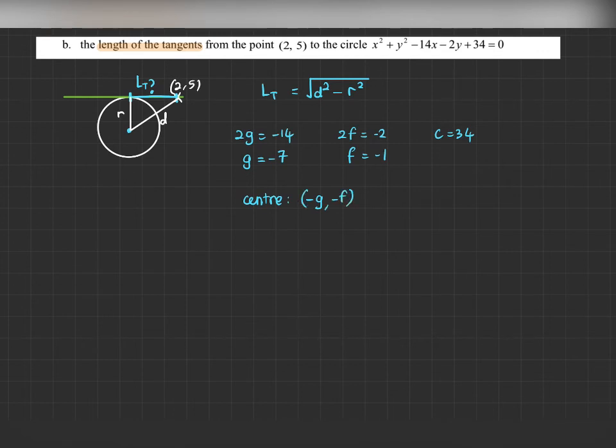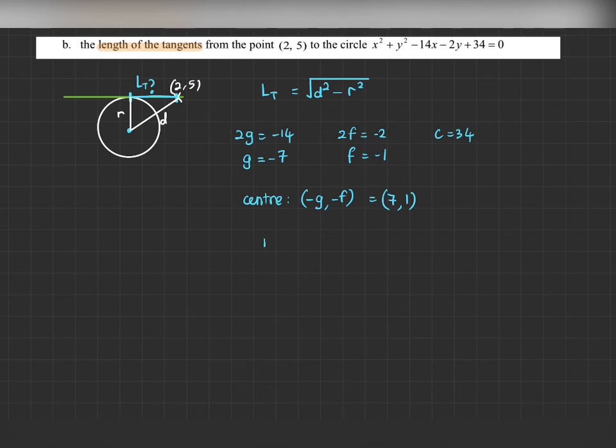Okay, so maksudnya kat sini kita punya center, nilai g kita adalah negatif 7. So bila kita negatifkan nilai tersebut, dapatlah 7 sahaja. Sama juga dengan f, negatif kepada f will be just 1. So this is actually the location of our center.